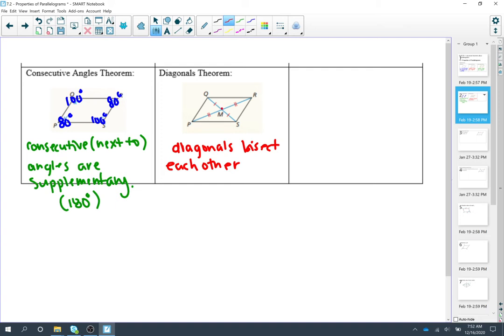So right here at M, which is where they intersect, we can say that QM is congruent to MS, and we could also say that PM is congruent to MR. So your longer one is cut in half, your shorter one is cut in half. That's what we mean by bisect.